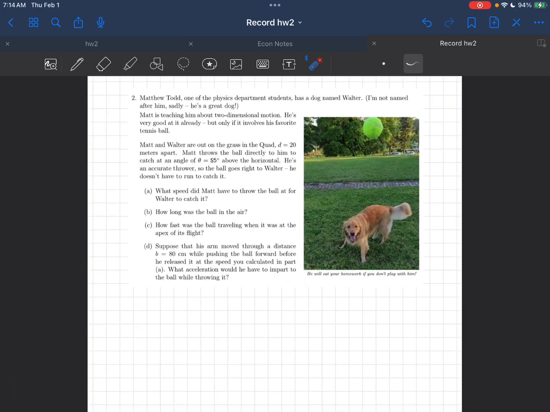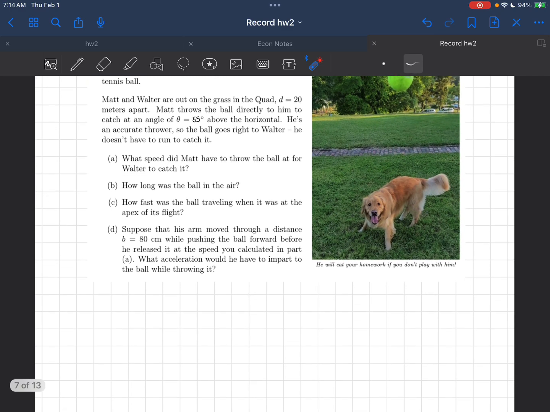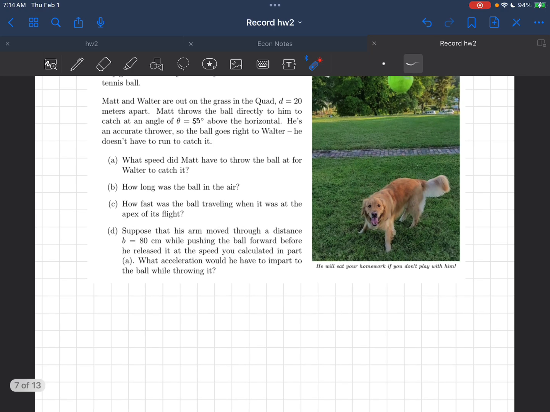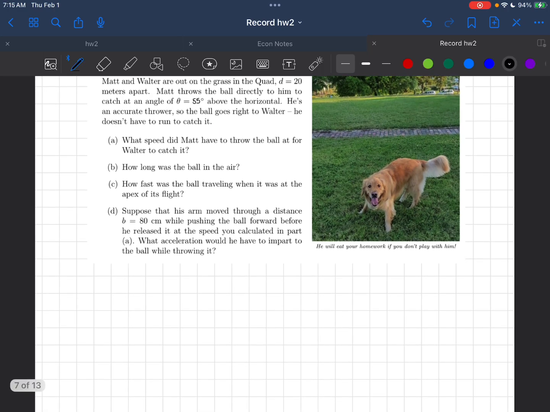We have an excellent dog named Walter, who is learning about two-dimensional motion. So first thing I want to do for a kinematics problem is draw a picture of what's going on. So we're out on the quad, 20 meters apart, and Matt throws the ball directly to Walter at a given angle.